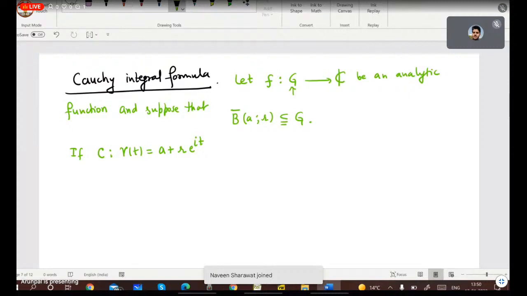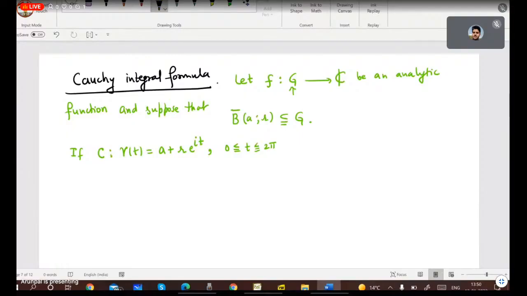Is this okay, class? Yes, sir. This is nothing but the boundary of this open ball B(a, r). And of course here, this parameter t will vary between 0 and 2 pi. So ultimately, class, you can see that the trace of gamma will come out to be a circle.